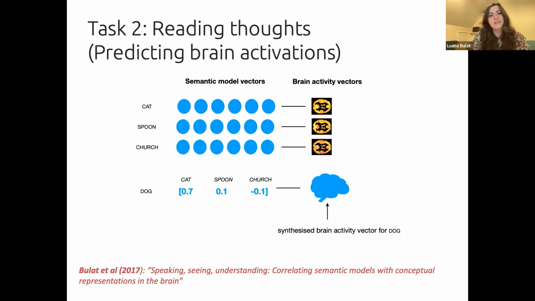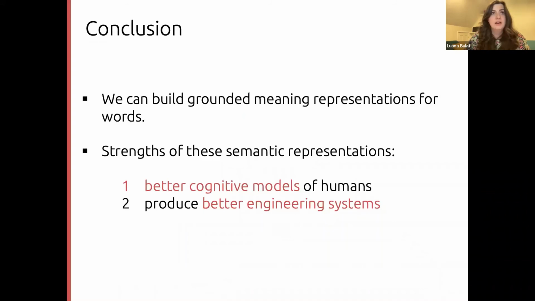And interestingly, for concrete nouns, visual information is a stronger predictor of brain activity than linguistic information. So it seems that for concrete things like cats, the visual information matters more.